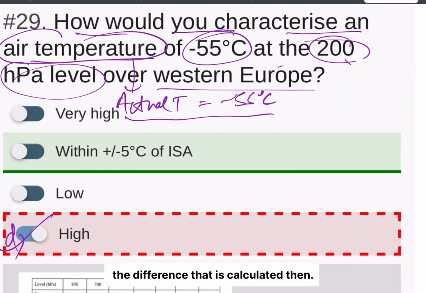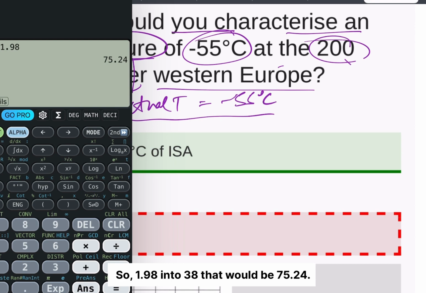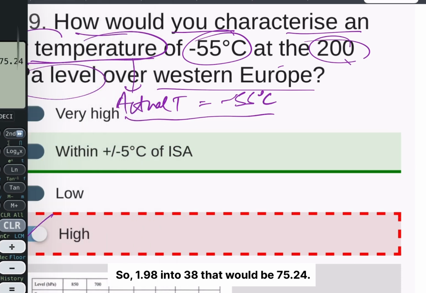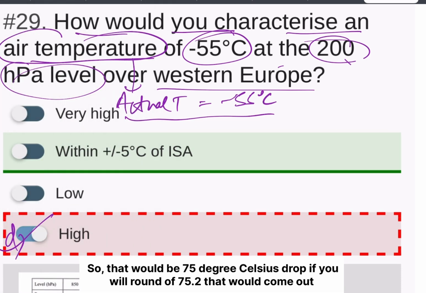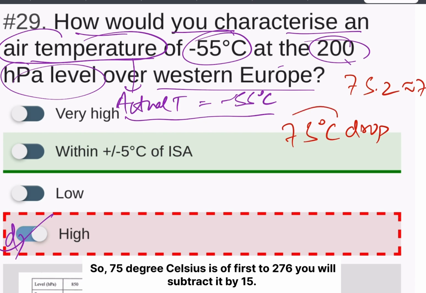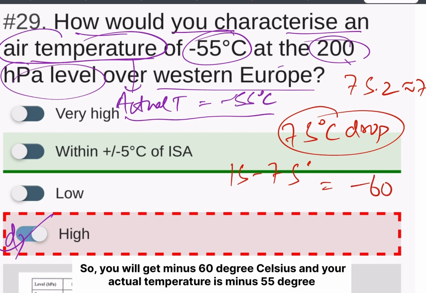Let's calculate it then. 1.98 into 38 would be 75.24. If you round off 75.24, that comes out to be 75, right? So a 75 degrees Celsius drop. First it was 76. You subtract it from 15 and you'll get minus 60 degrees Celsius.